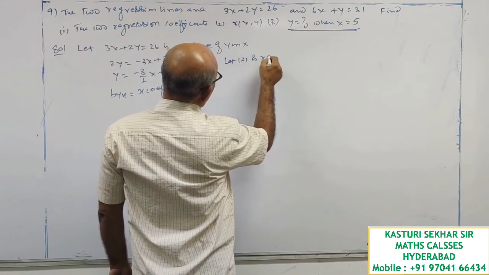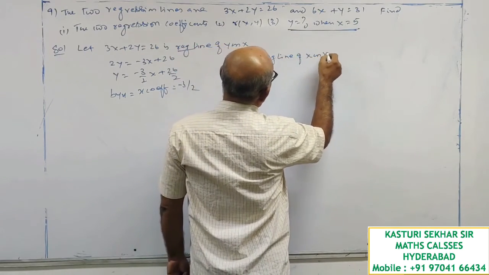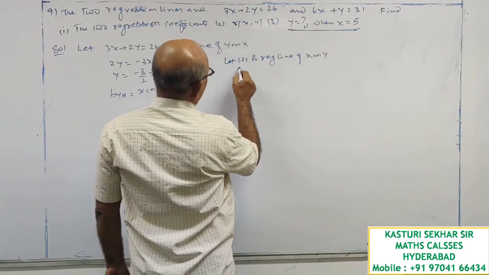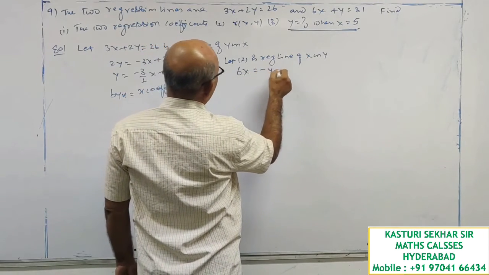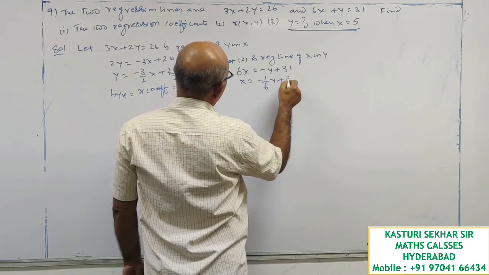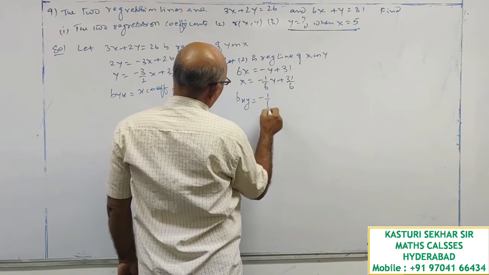Let the second be the regression line of x on y. So 6x is equal to minus y plus 31. So bxy is equal to minus 1 by 6.